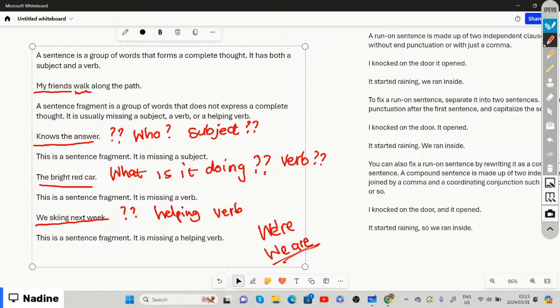And it is usually missing either a subject, a verb, or a helping verb. And we made a few examples of sentence fragments where it's either just missing a subject, missing a verb, or missing a helping verb. And it does not express a complete thought. It is not a complete thought.